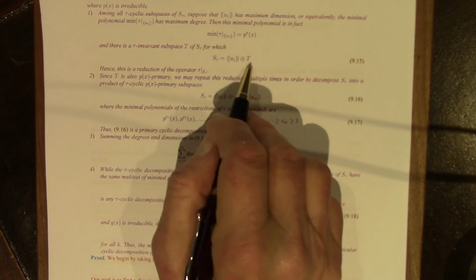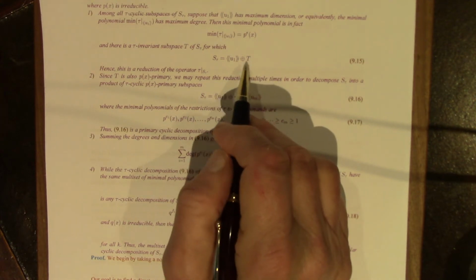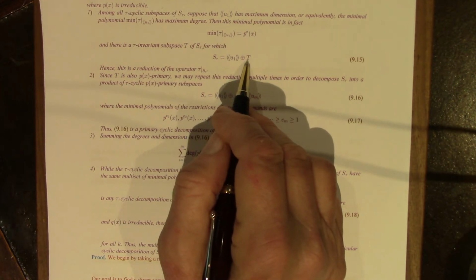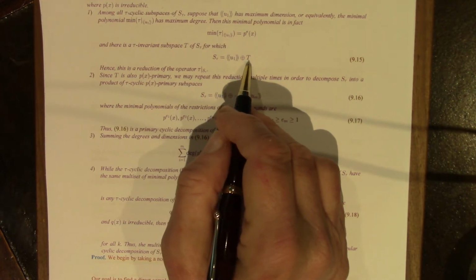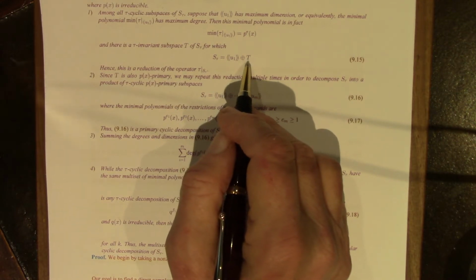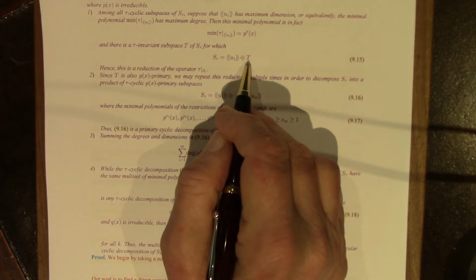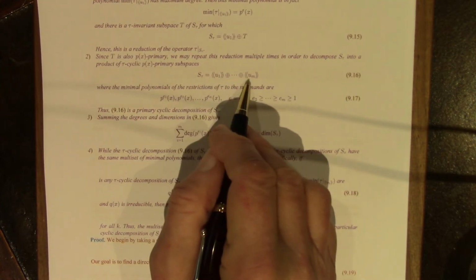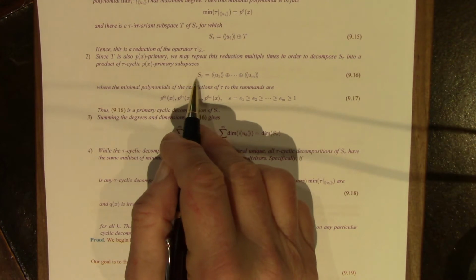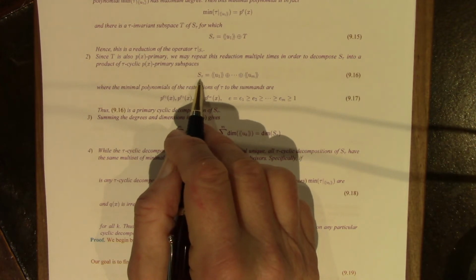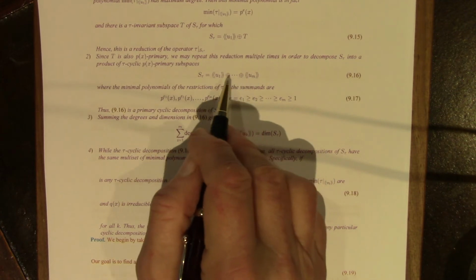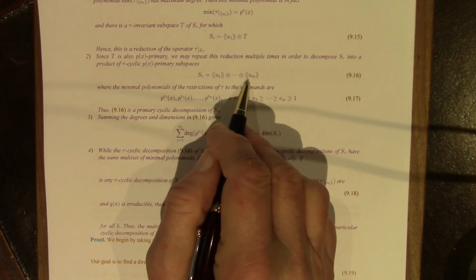These are submodules. And of course, next, we can do the same thing with T. It's a standalone module. It's primary, p of x primary. We can repeat the process. And so we can decompose our module S sub tau into a direct sum of cyclic submodules.